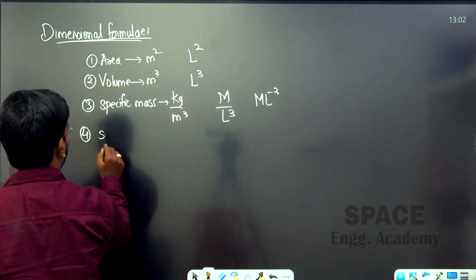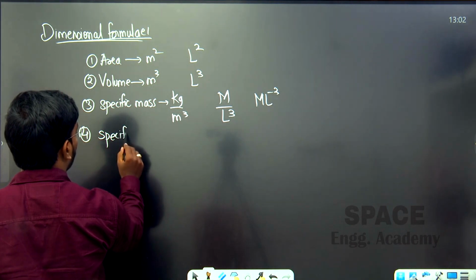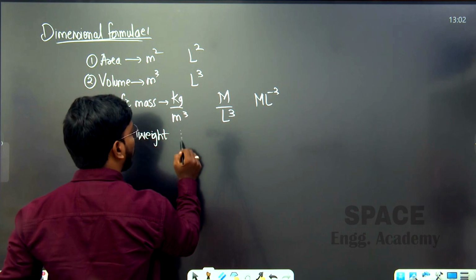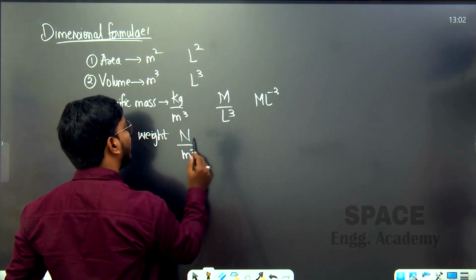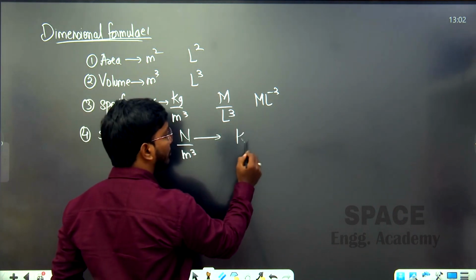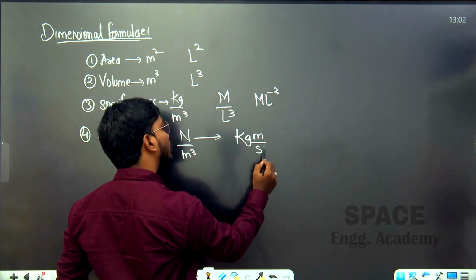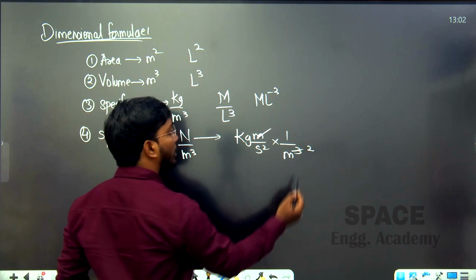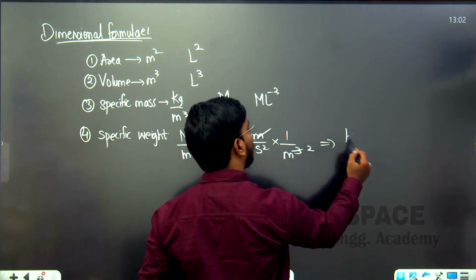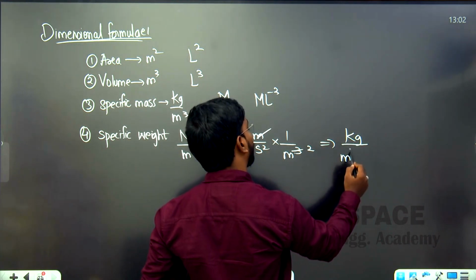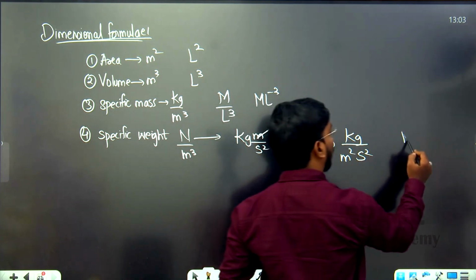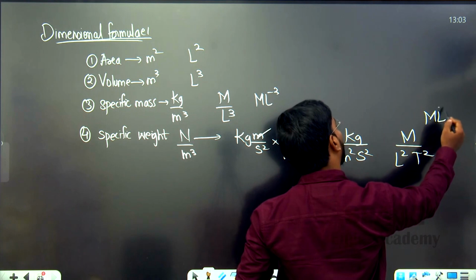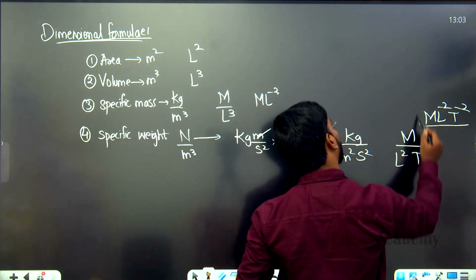Then we have specific weight. Specific weight is Newton per meter cube, where Newton is kg meter per second square, per meter cube. So this becomes kg per meter square second square, M by L square T square, that is M L to the power of minus 2 T to the power of minus 2.